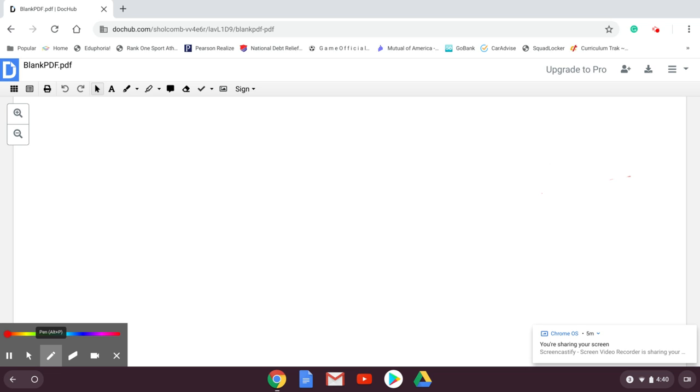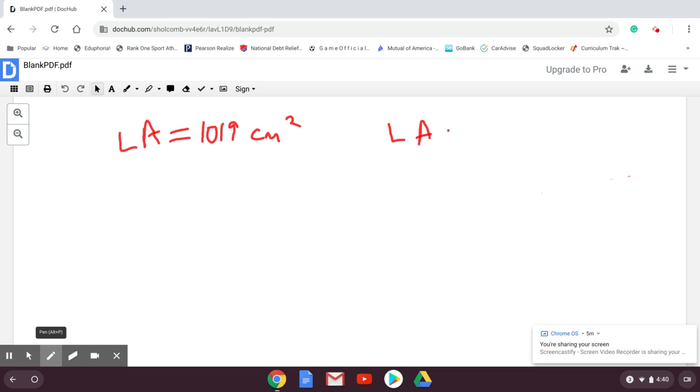And I've got the lateral area of the bigger paint can is 1019 centimeters squared. And then the lateral area of the smaller paint can is 425, still centimeters squared. All right. They say that the volume of the smaller can is 1157.